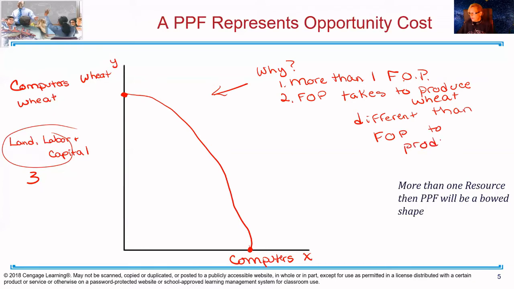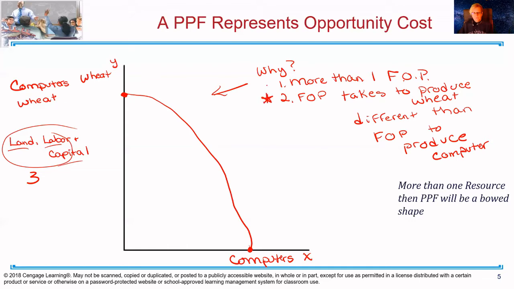So maybe you'll need less land for computers, but you need more robotics to produce computers. So you see how we're kind of trading off some of the land, labor, and capital. So that's a really important reason why it would be a bowed out shape.